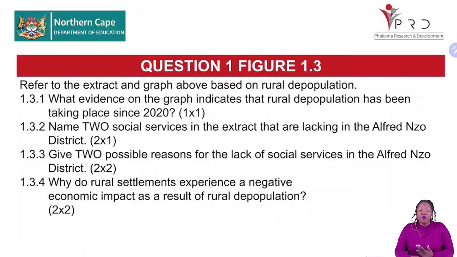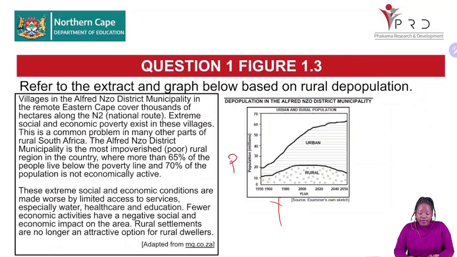Here you need to understand what rural depopulation is. Remember, we are talking about the minimum number or the few numbers of people that are left in the rural areas.